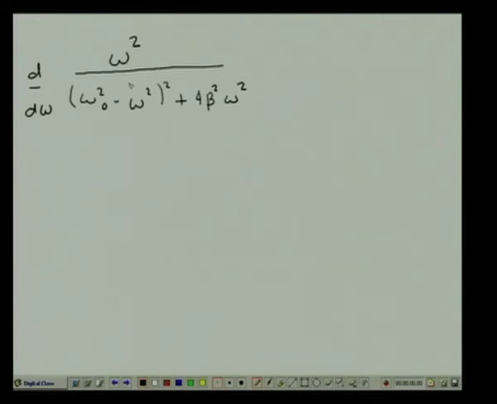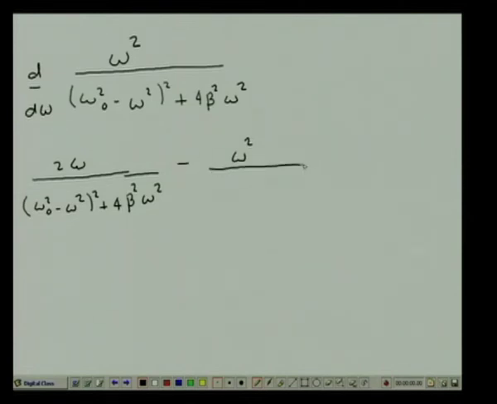If we differentiate the numerator, we get 2 omega, and this is divided by omega naught square minus omega square whole square plus 4 beta square omega square, and if I differentiate the denominator, then we get the same old omega square on top. If I differentiate the denominator, I will have a minus sign, and then I have to square the denominator.